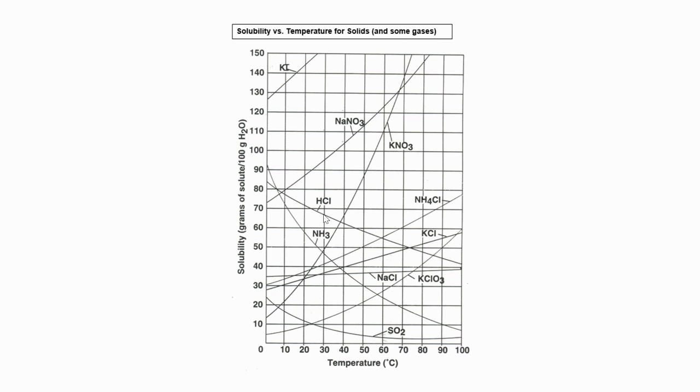KCl, go down to the KCl line. I can only dissolve about 37-ish grams of that, so it's not the first two. Is it KCl? Well, I have one more to look at. The fourth one is SO2. SO2 at 30 degrees, I can only dissolve about 8 grams. So the one that's least soluble at 30 degrees is SO2.